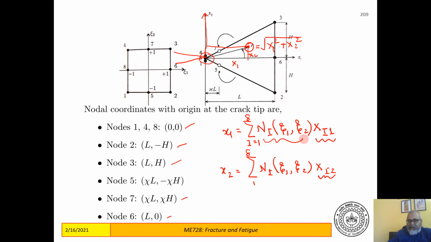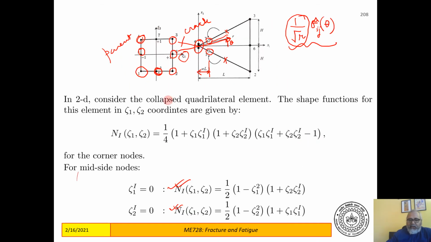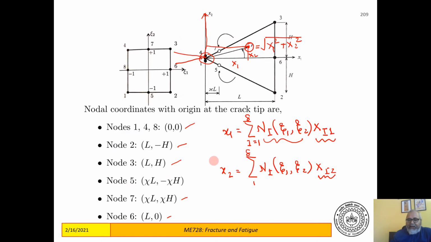These N_I are the interpolation functions given here, and this is how we interpolate the physical coordinates of this point, given that we know these quantities from the definition of the physical collapsed quadrilateral element.